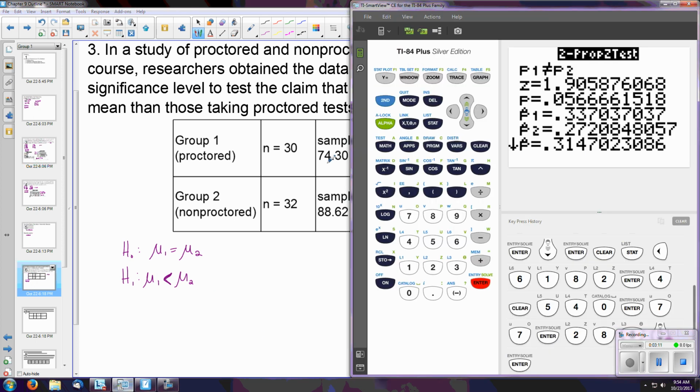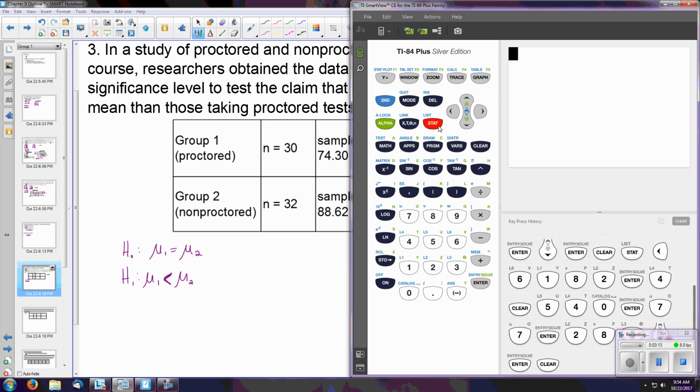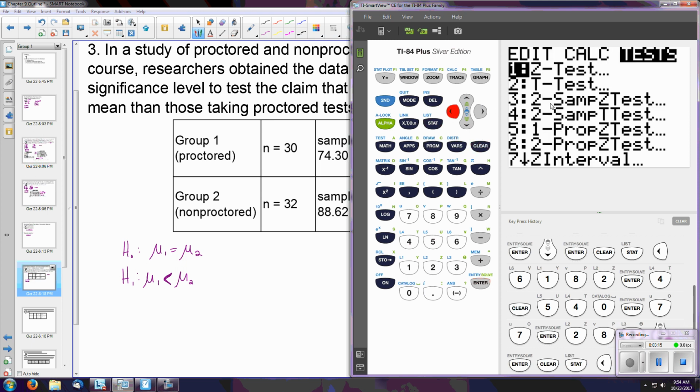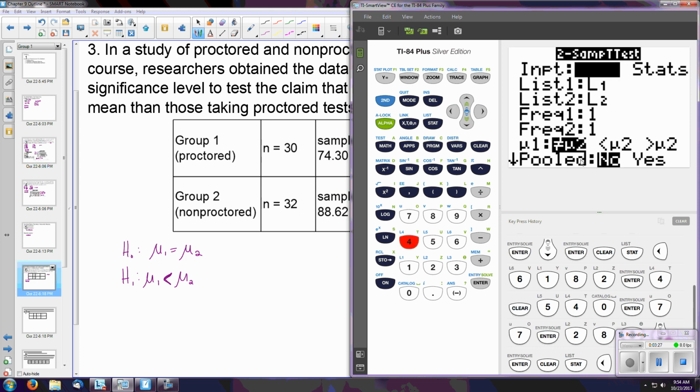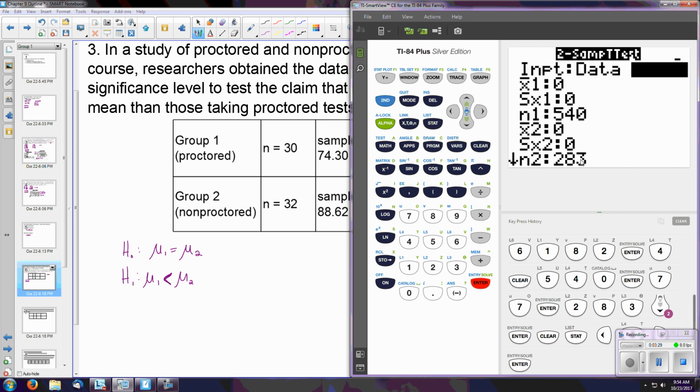Now, from this, the process is still the same. When you're using your calculator, you can go find in your list not the regular t-test, but your two-sample t-test. And you'll notice just above that is the two-sample z-test. So again, you need to identify which is appropriate. We're going to select option 4 here and go into stats.